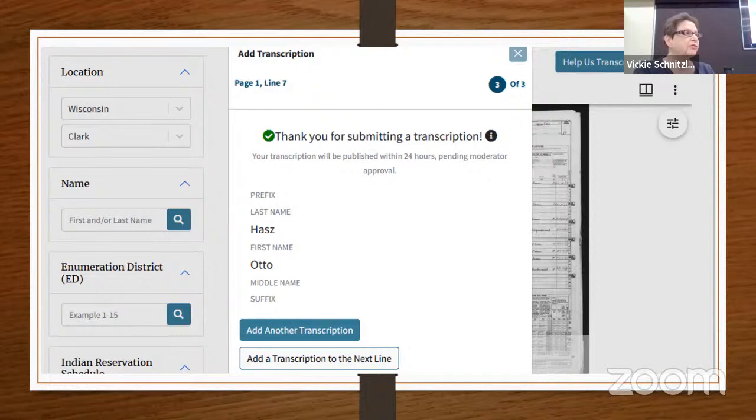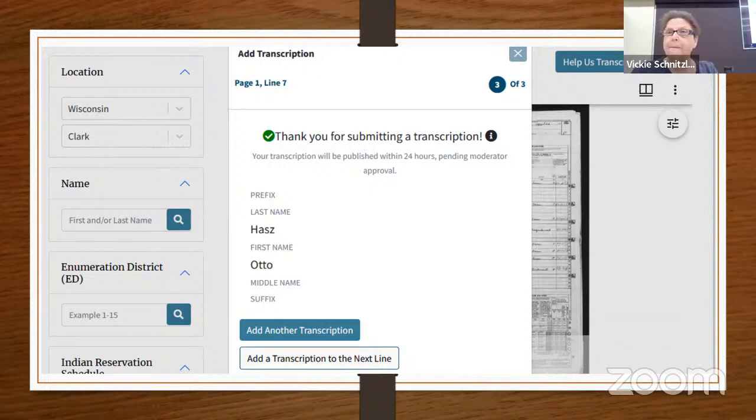Their indexes are not complete. So that's why I chose to do the National Archives, because they have some type of an index up there. It might not be perfect, but they do have something for searching, or at least you can get into the different maps and find locations and find the population schedules.